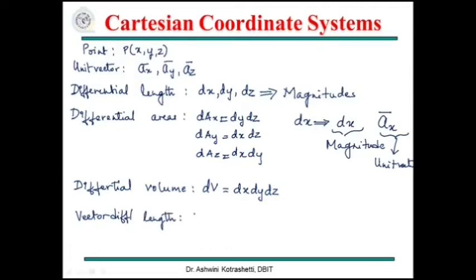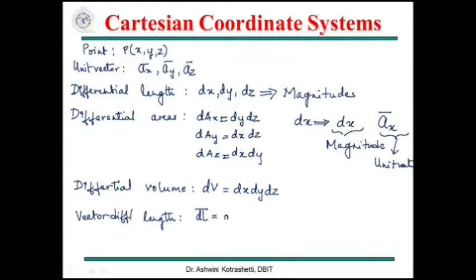Vector differential length is dl bar, which is given by the sum of the components of the vectors along the three directions.